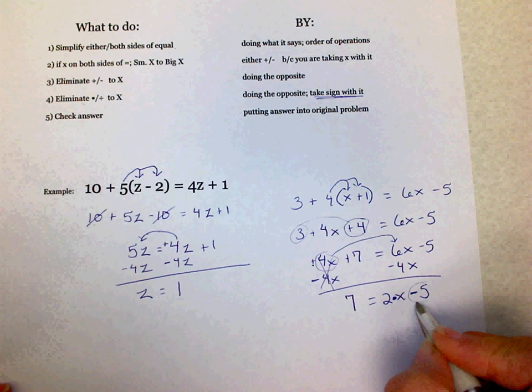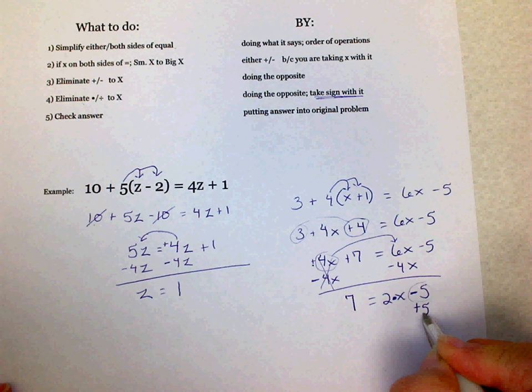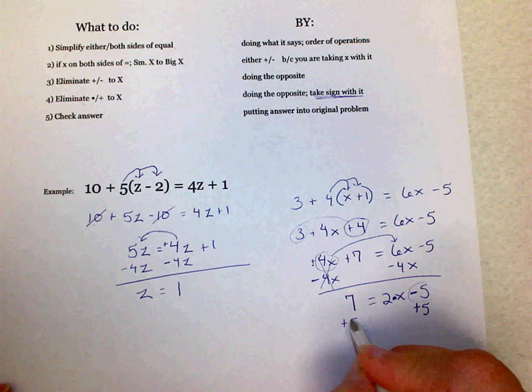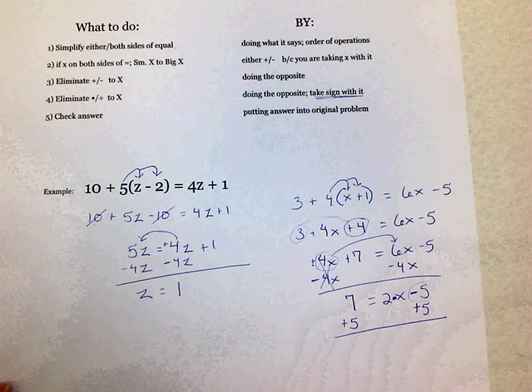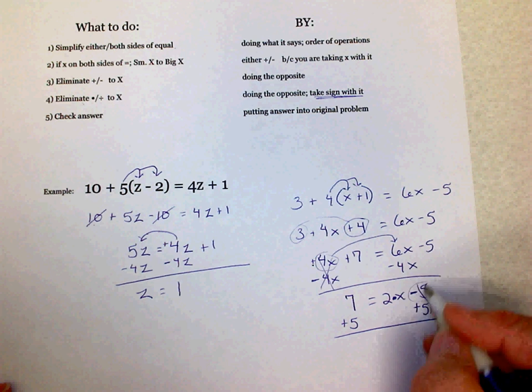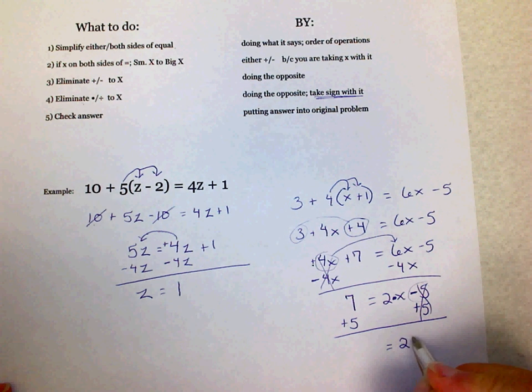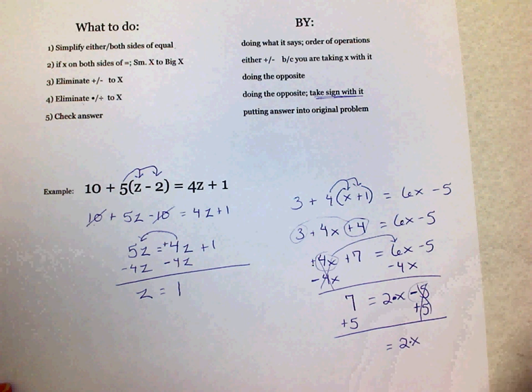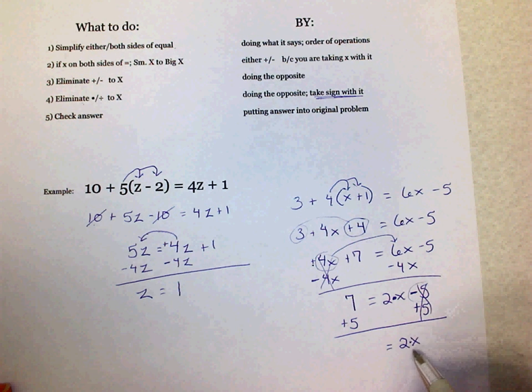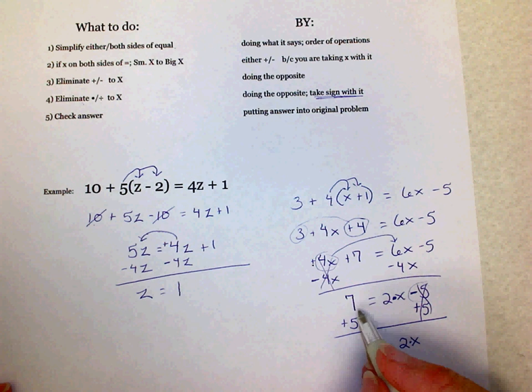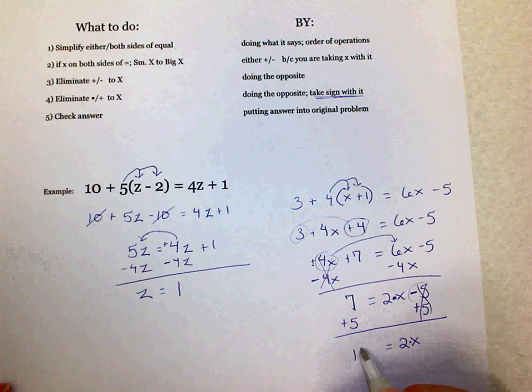We have to add 5. And if I add 5 to one side of equals, I have to add 5 to the other side. That goes to 0. But notice I'm not going to write a 0. I'm just going to bring whatever else is left on the right side. And then 7 plus 5 is 12.